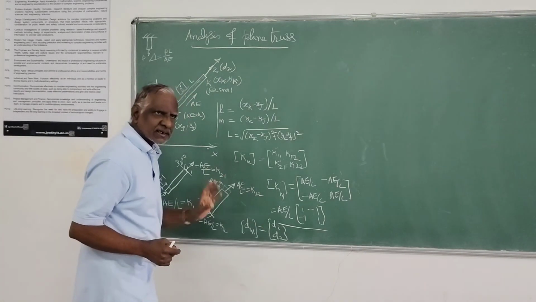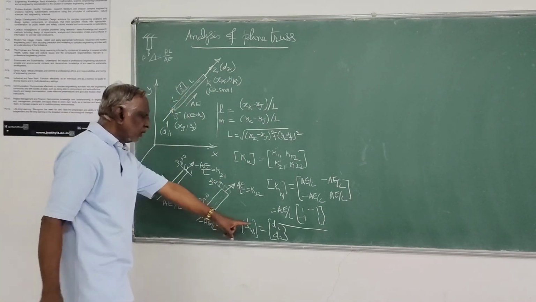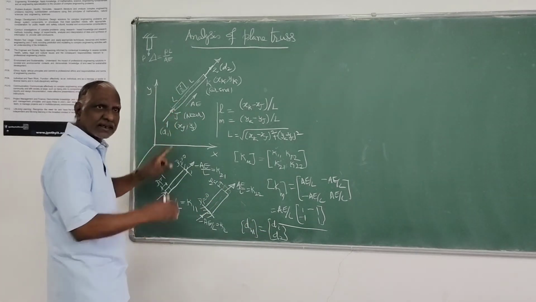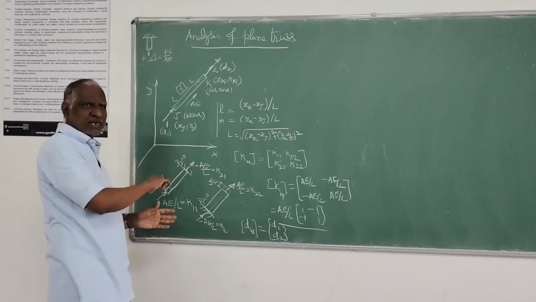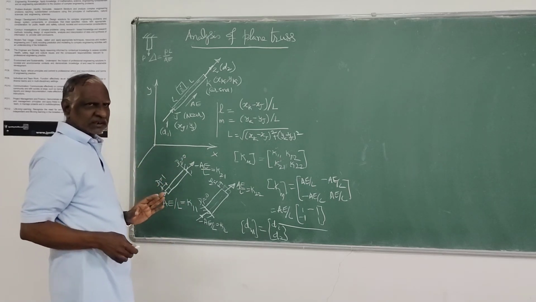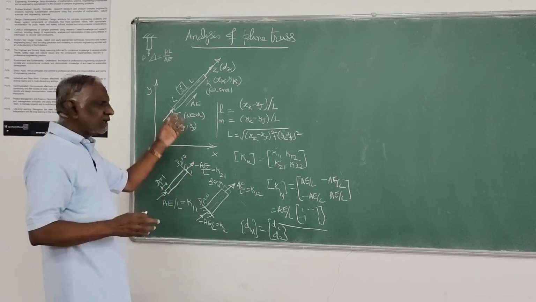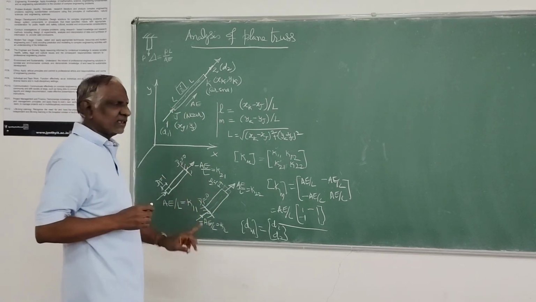That is the member displacement. Now we will try to find a relationship between this member displacement in terms of global displacement. That is called the transformation matrix. It's a very simple determination, a simple step of arriving at the relationship.